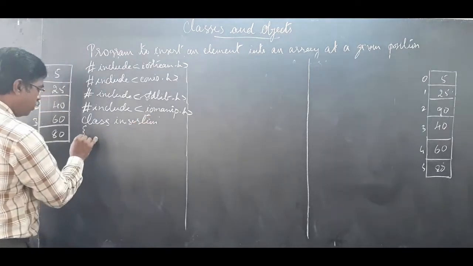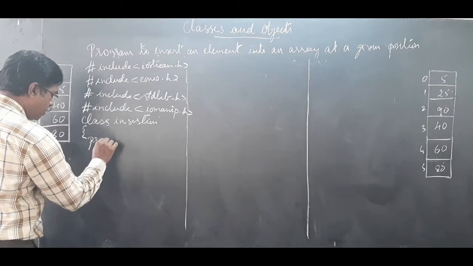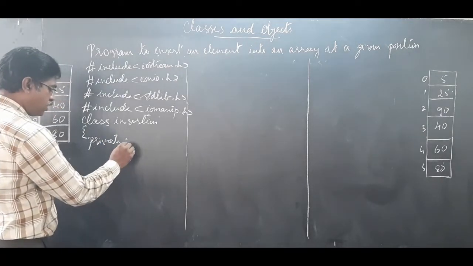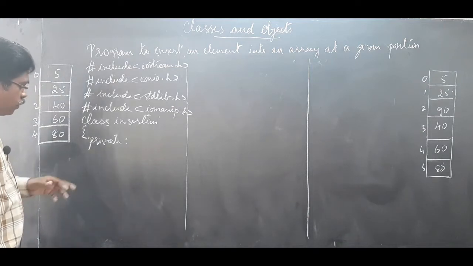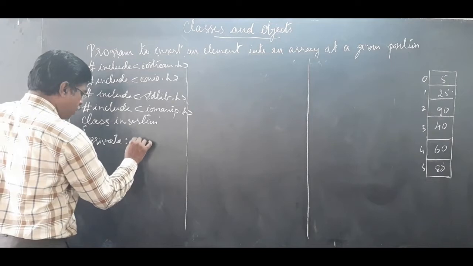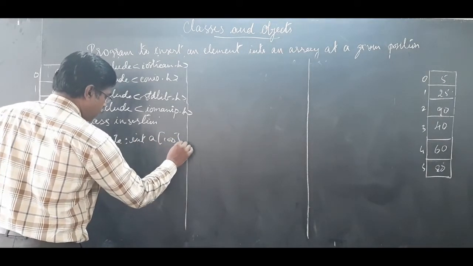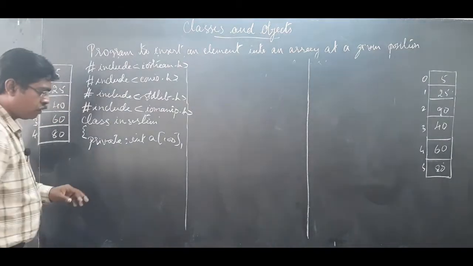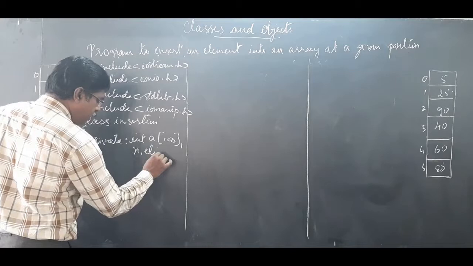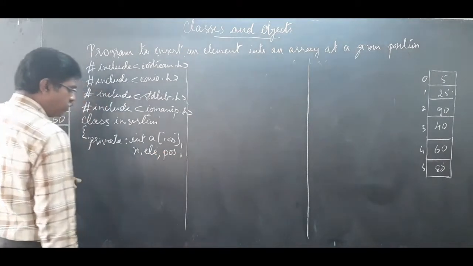then I open a curly bracket. So the private members will be, you know, a class contains two members, data members and member functions, and three access specifiers: private, public and protected. So under private, I'm taking int a[100], n, ele, POS.